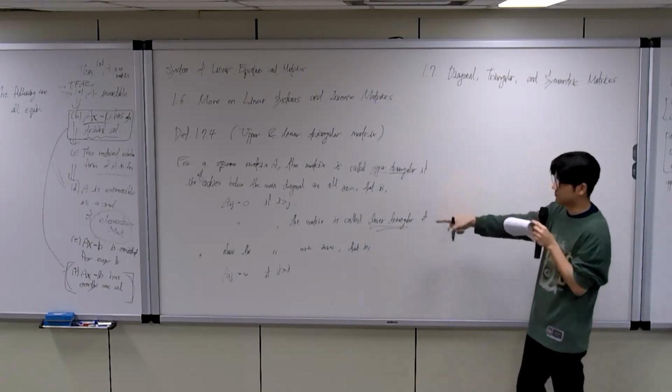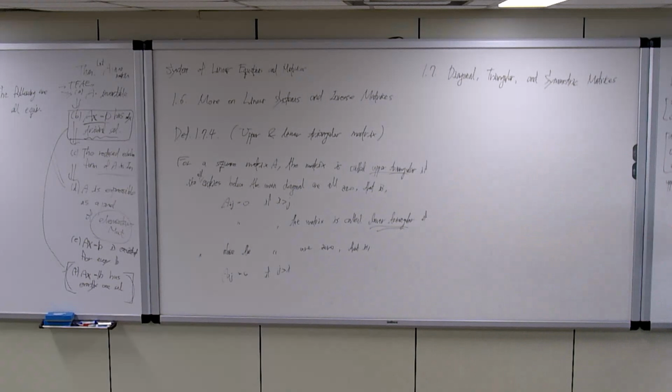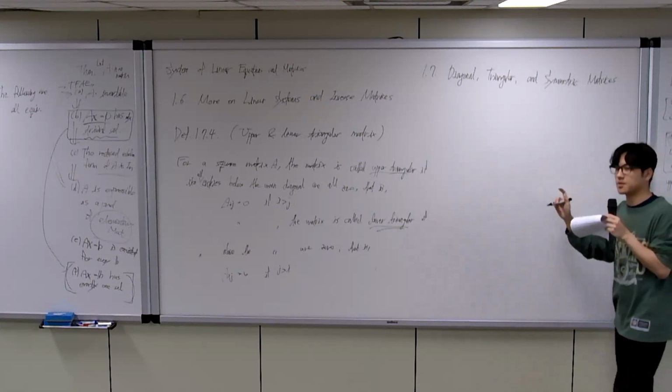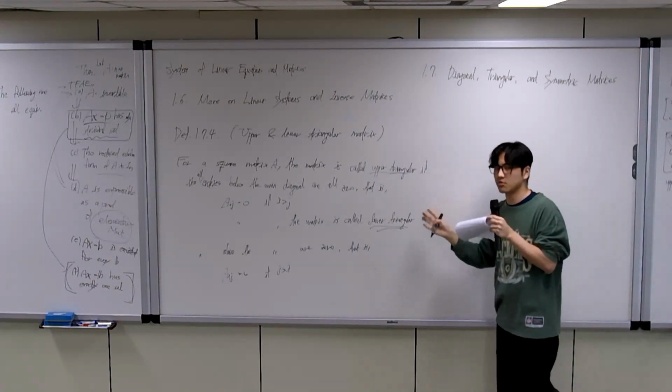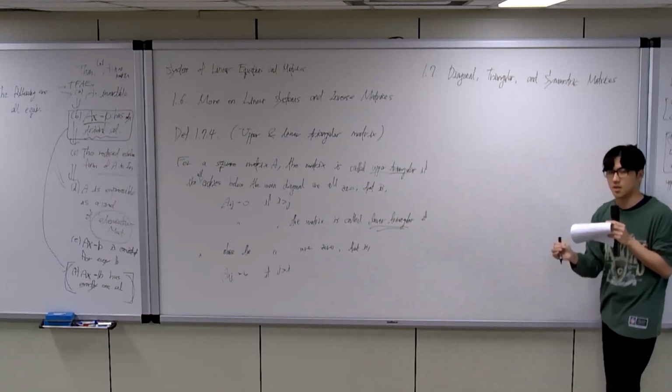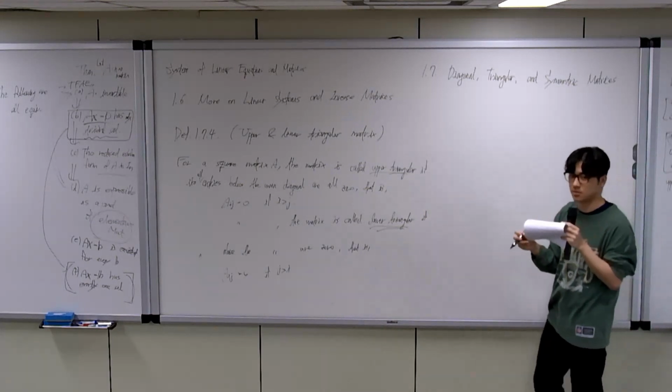So we made this definition from the diagonal matrix, and actually the diagonal matrix has only diagonal parts. So if a matrix is both upper triangular and lower triangular, then it is a diagonal matrix.